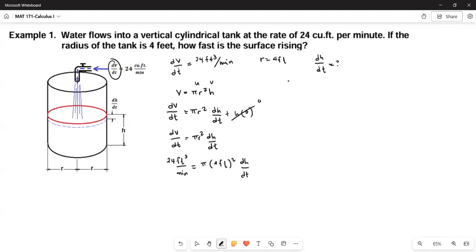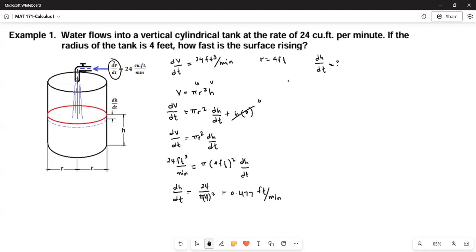So solve or simplify natin itong equation natin. dh/dt can be solved by dividing both sides of the equation by pi times 4 squared. So yan ay 24 over pi 4 squared. So equal to 0.477 feet per minute.